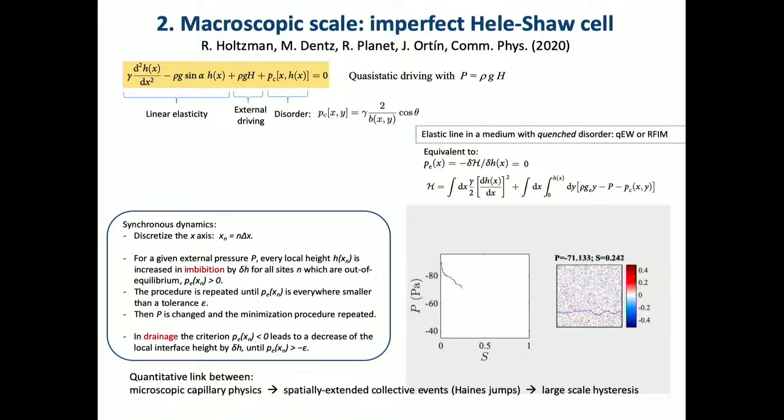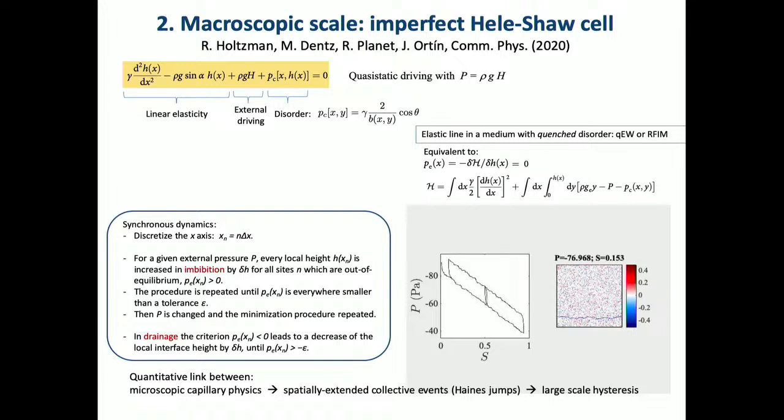Essentially, we write down the same equation that we had before, exactly the same. But now it's a local equation for point x for an extended interface, h of x, which is able to go through many defects at the same time.